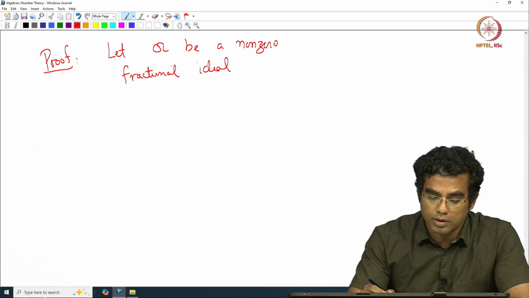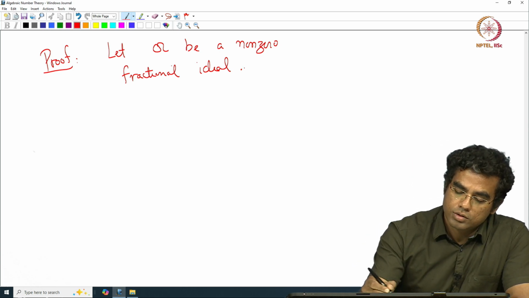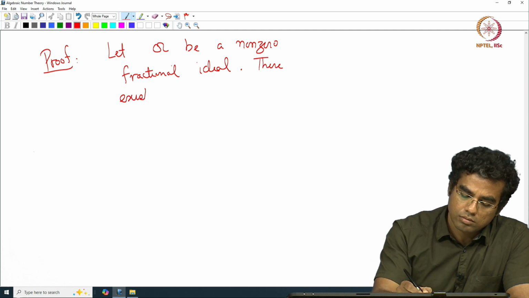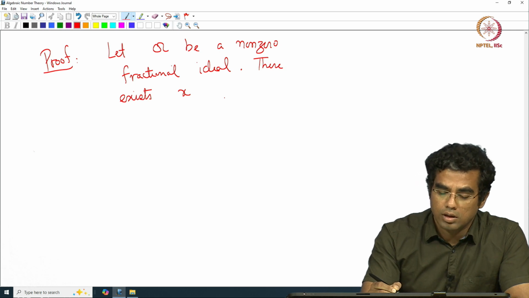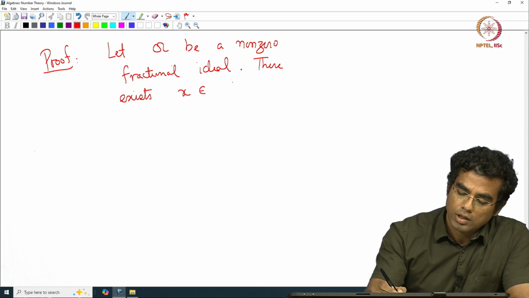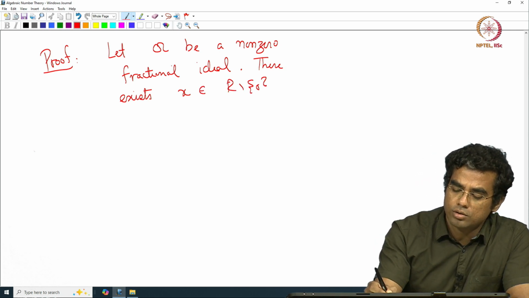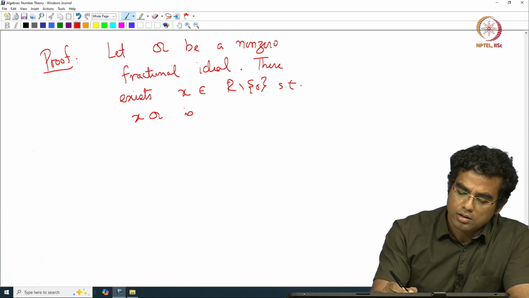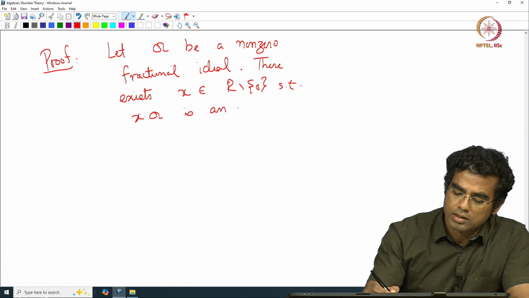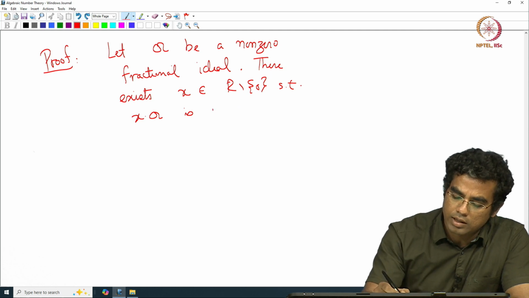So, there exists x in R minus 0 such that x times A is a non-zero integral ideal.